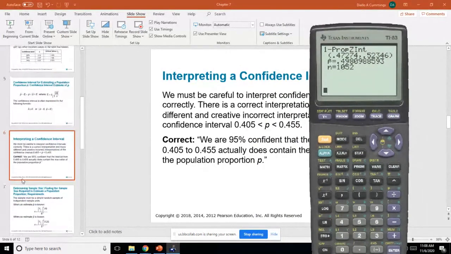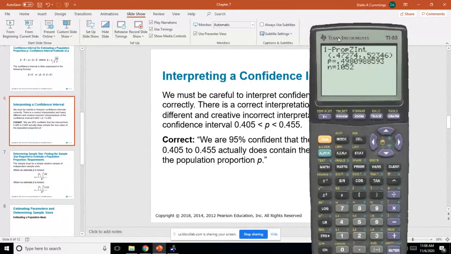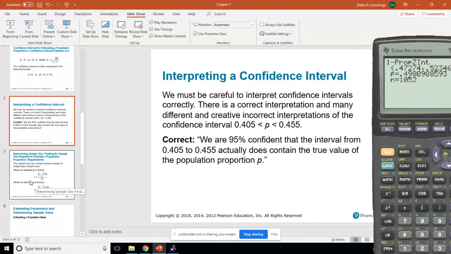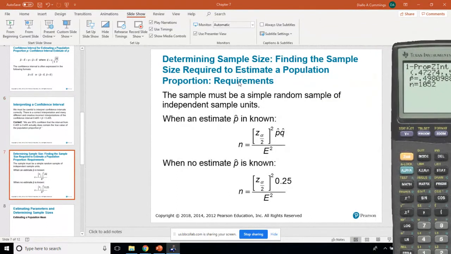All right, so if we go back to our PowerPoint, okay, next we'll determine the sample size that's required to estimate a population proportion. And here we have a couple of formulas.